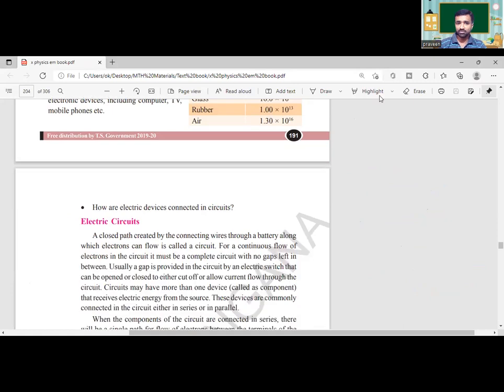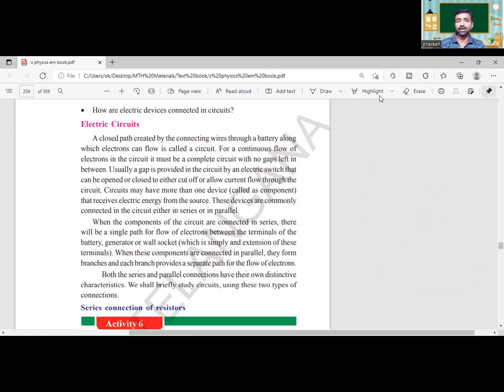Now we'll discuss electric circuits. What is an electric circuit? Simply, a circuit is a complete path for the flow of charges.